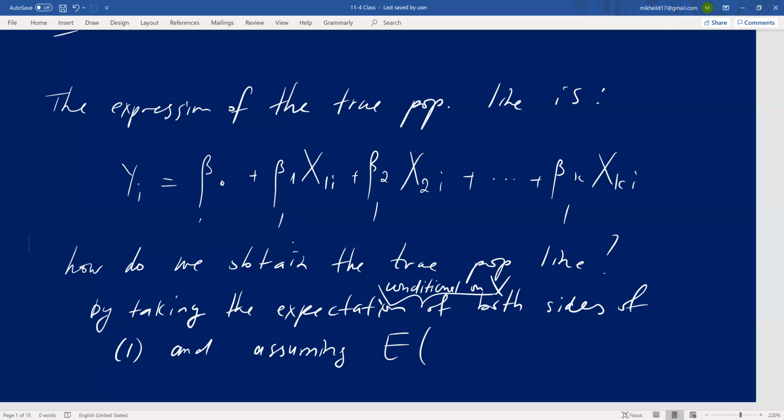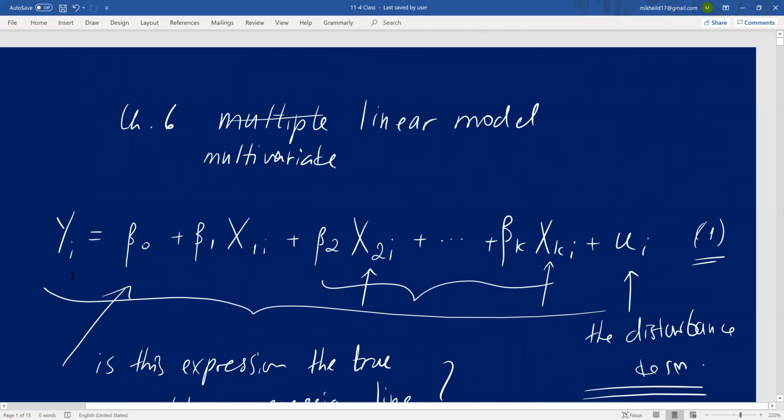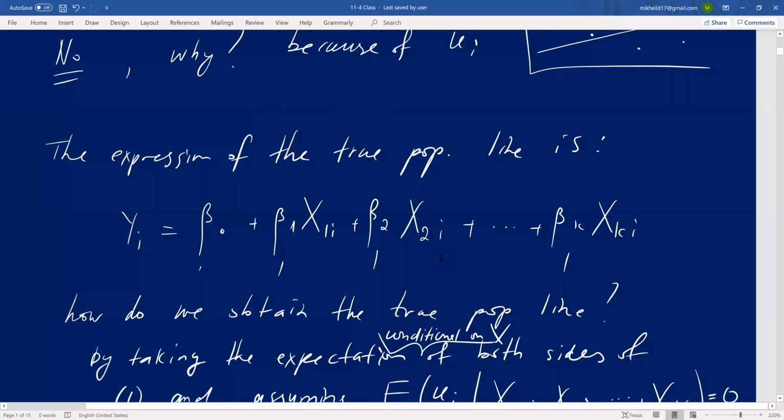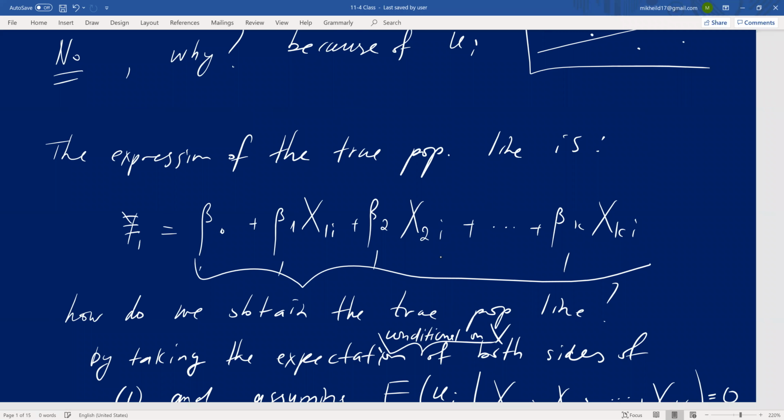And assuming that the expectation of ui given all of your x's, x1i, x2i, and so on, xki, is equal to 0, right? And if you take the expectation of expression 1 conditional on x, then this is what you obtain on the right-hand side. But what do you obtain on the left-hand side? It's not that, right?